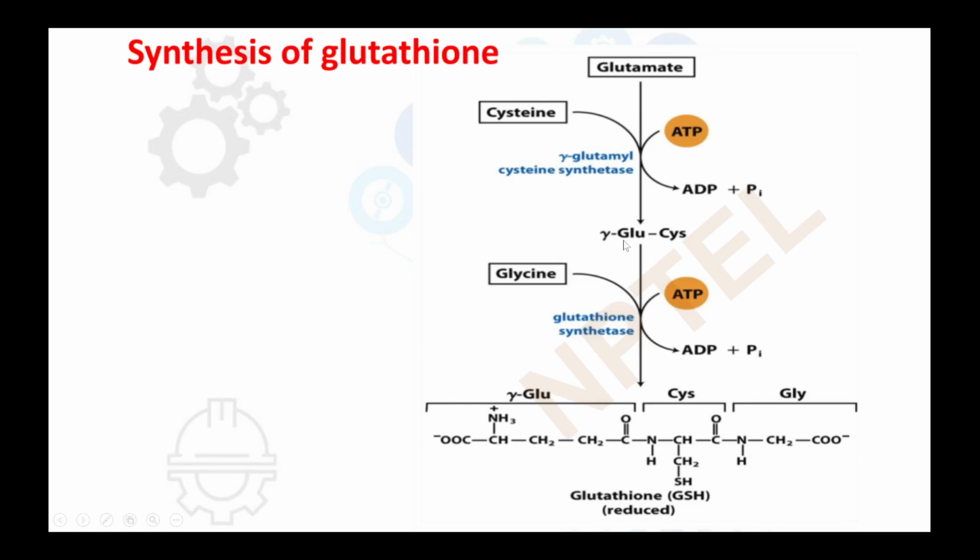Then gamma glutamyl cysteine gets converted into glutathione by the enzyme glutathione synthetase when one glycine gets attached to this. I hope this is clear. We have discussed the role of glutathione in the previous session also.